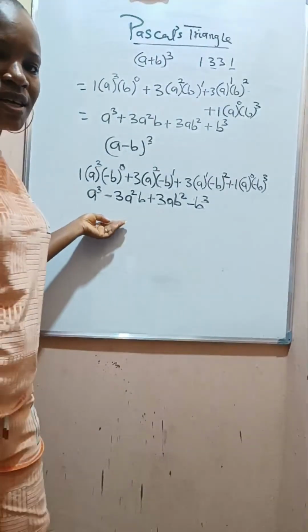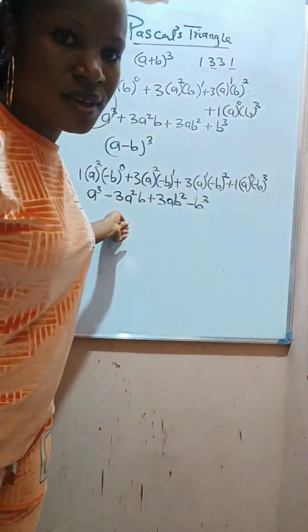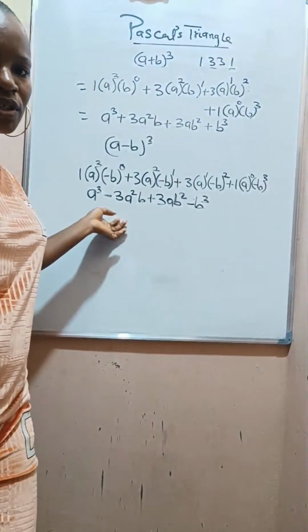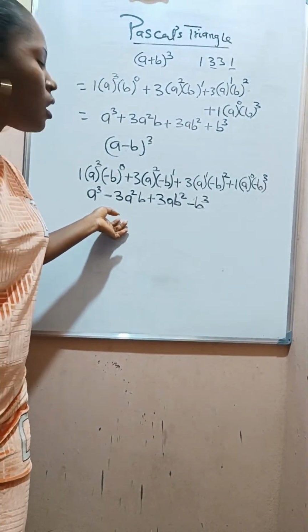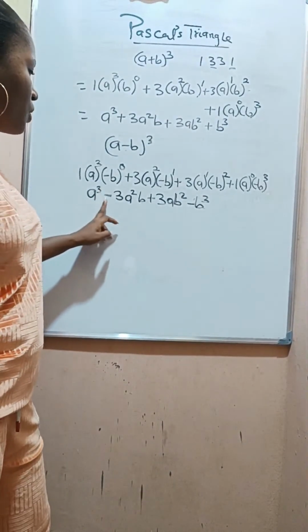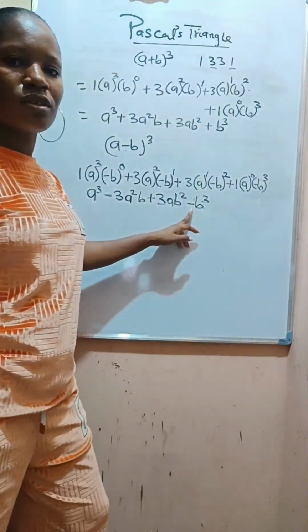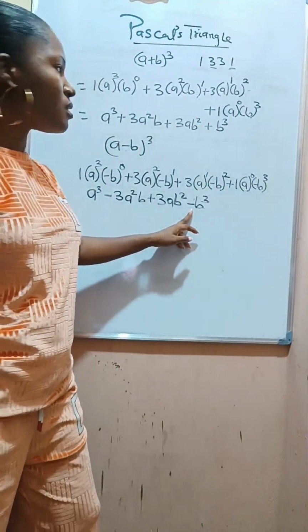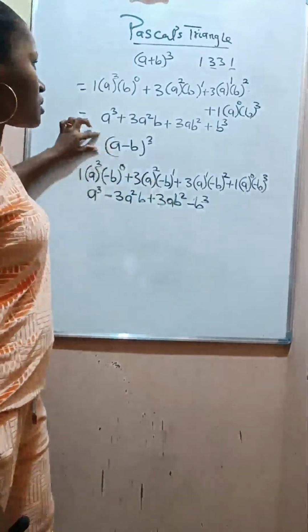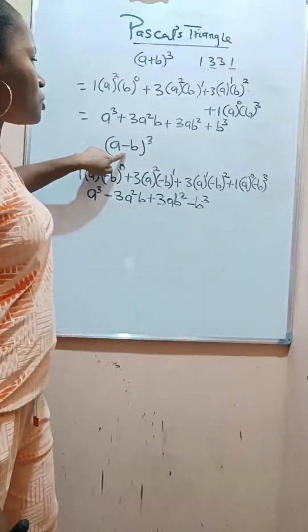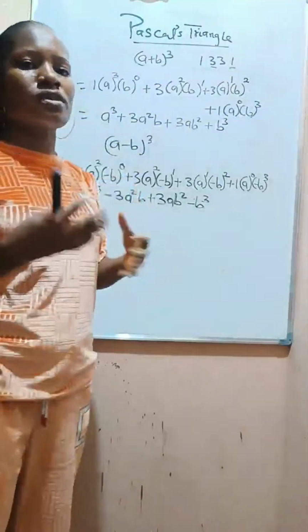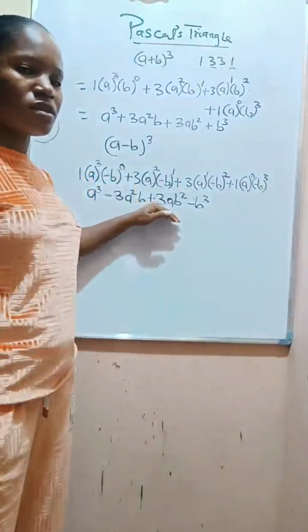You notice that this actually changes. So we have a to the power of 3. You can see that the signs are changing, which is why I said when you are given something to expand and you have a negative sign, you don't need to stress yourself trying to expand it this way.